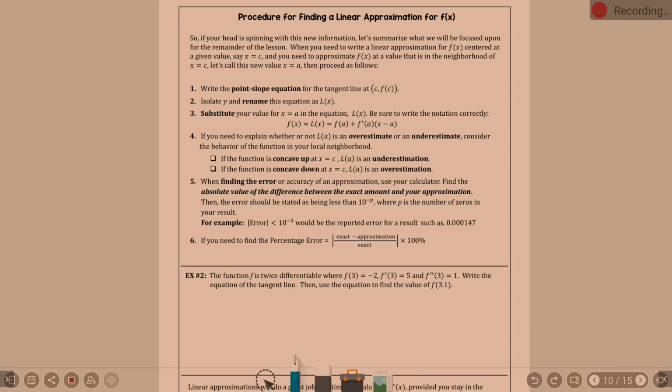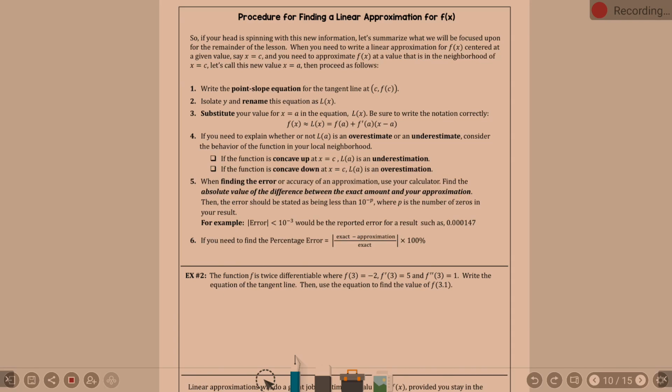Okay, and then some of them they'll ask about error. When finding the error or accuracy in an approximation, use your calculator. Find the absolute value of the difference between the exact and your approximation. The error should be stated as being less than 10 to the negative p.